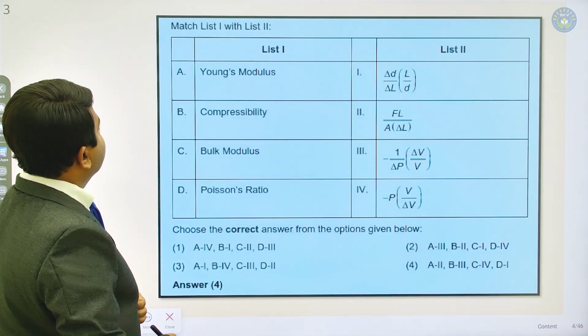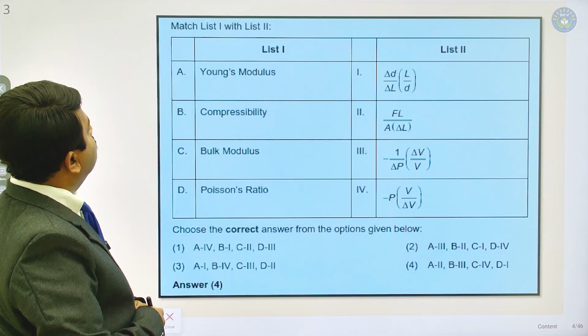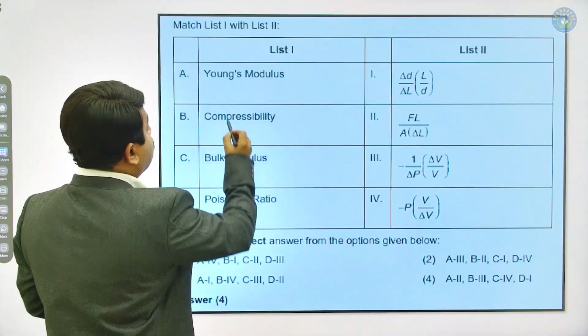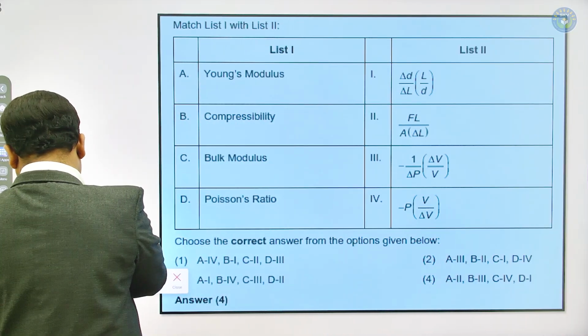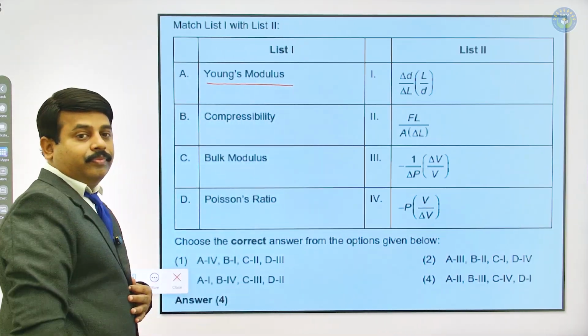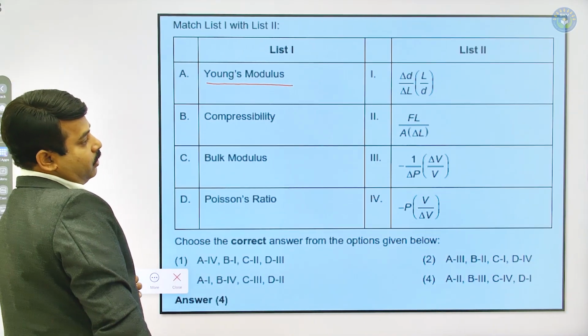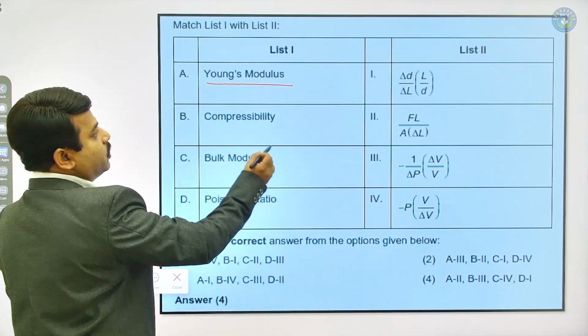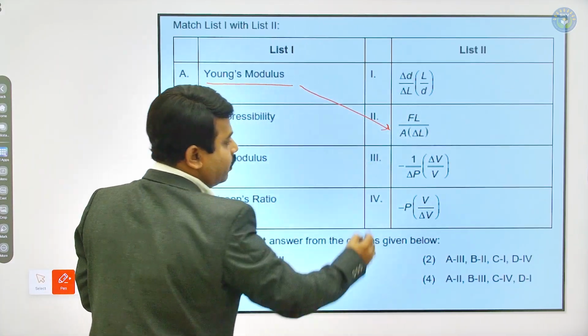Now let us go to the second question, match the list 1 and 2. Young's modulus: you know, Young's modulus is equal to FL divided by A delta L, direct formula.